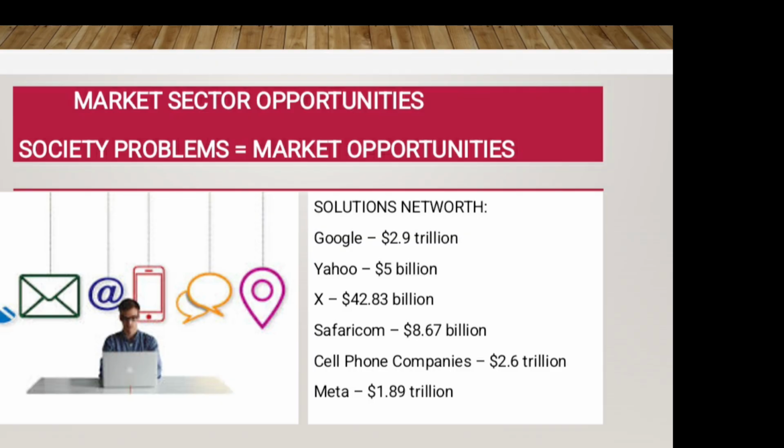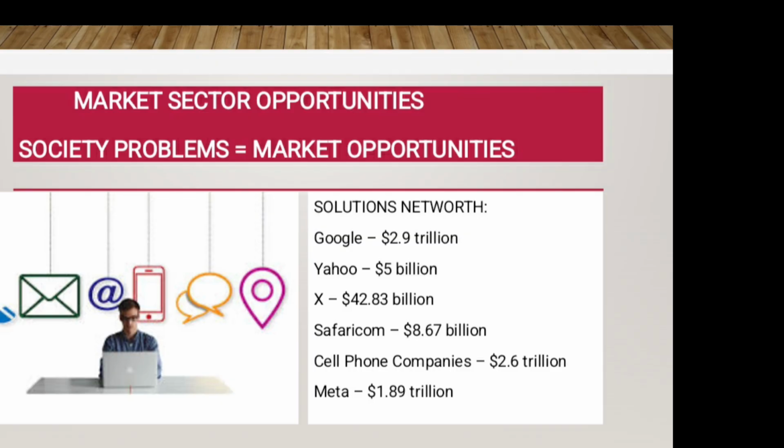X, which has a net worth of 42.83 billion. Safaricom, a company in Kenya, net worth of 8.6 billion USD. And then we have the cell phone companies combined together, $2.6 trillion USD. That's their net worth. Then we have Meta, Facebook, at 1.89 trillion USD.